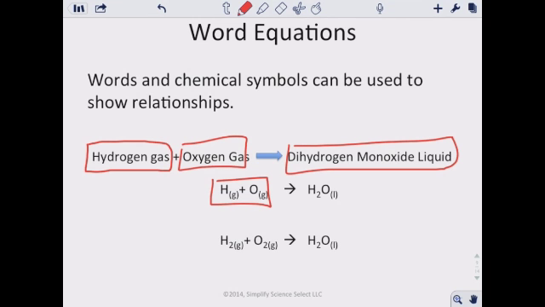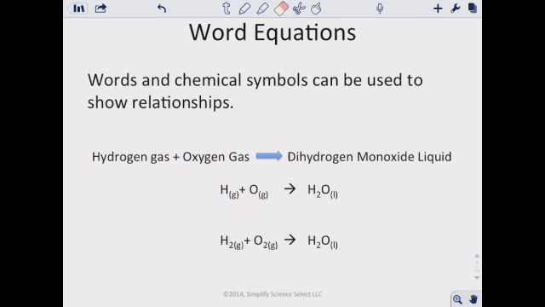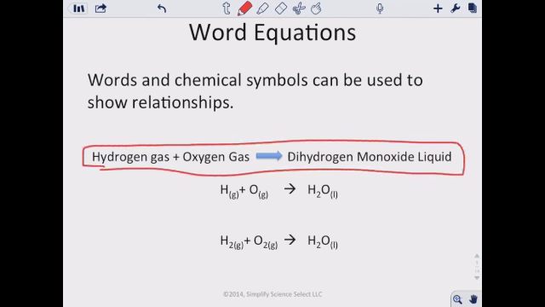So when we're actually looking at a chemical reaction and there's a big long paragraph, what we can do is we can write the word equation in its pieces. And what we can see here is that we have hydrogen gas reacting with oxygen gas, and it produces dihydrogen monoxide liquid. And so this is our word equation, and we would start there before we write the chemical equations to make sure we have everything in the right spot.